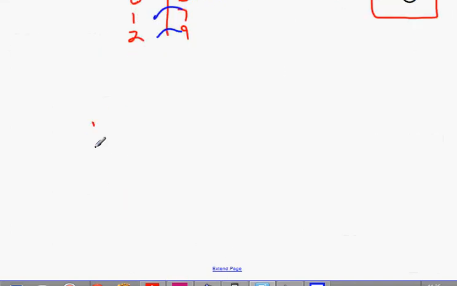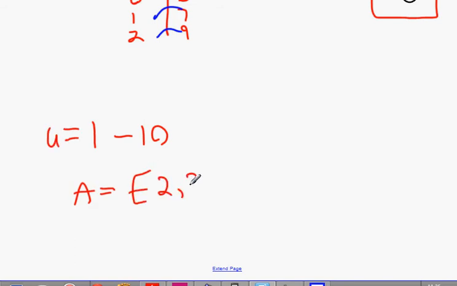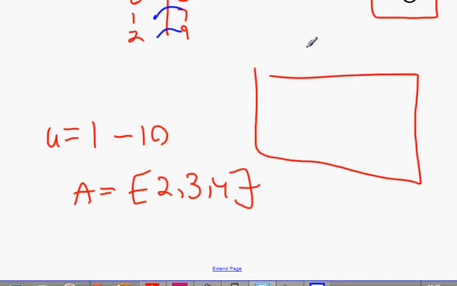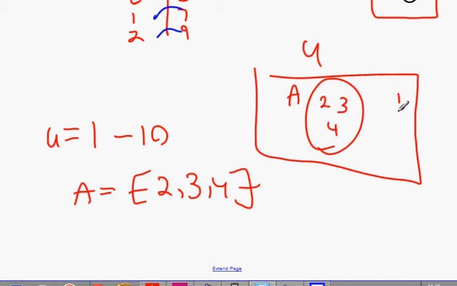If U is all the numbers from 1 to 10, and A is the numbers 2, 3, and 4, then if I was to draw U, A would be in the middle, and then there are numbers outside like 1, 5, 6, 7, 8, 9, and 10. It fits into all the numbers in the bigger set. That means it's a subset.